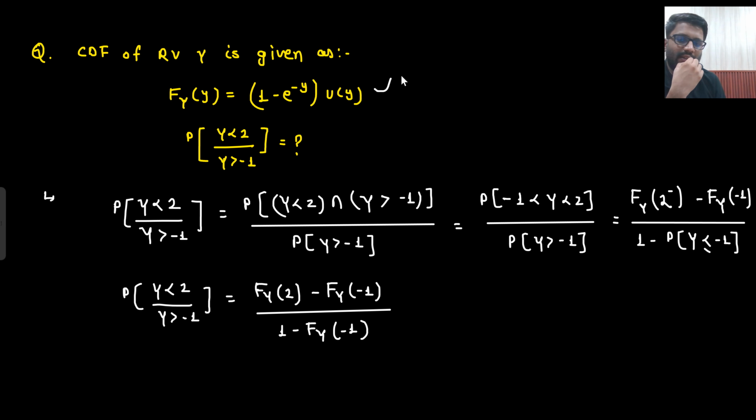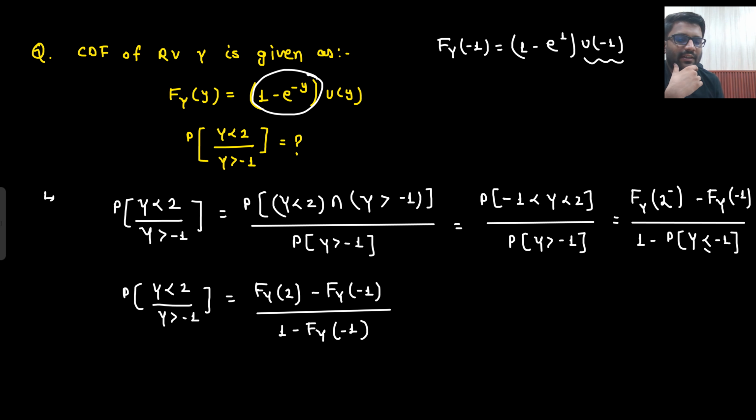So here in this particular graph, if I put F_Y of -1, what would that come out to be? 1 minus e to the power of u of -1. What is the value of u of -1? 0. Usually people will only look at this particular thing. But you need to see that this particular graph is starting from y greater than 0.